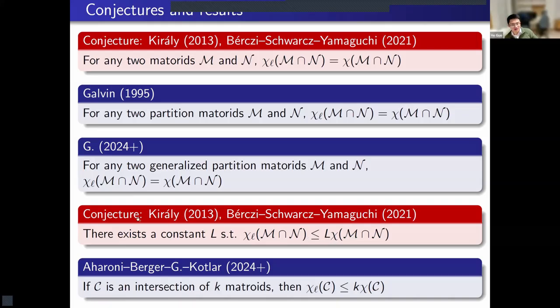We actually prove this conjecture by showing that not just for the intersection of two matroids, but for an intersection of arbitrarily K matroids, the least chromatic number of the intersection is at most K times the chromatic number of the intersection. As you can see, in the case that K equals 2, you can take the constant L to be 2. Okay, so here are some conjectures and results in this area. Is there any question?